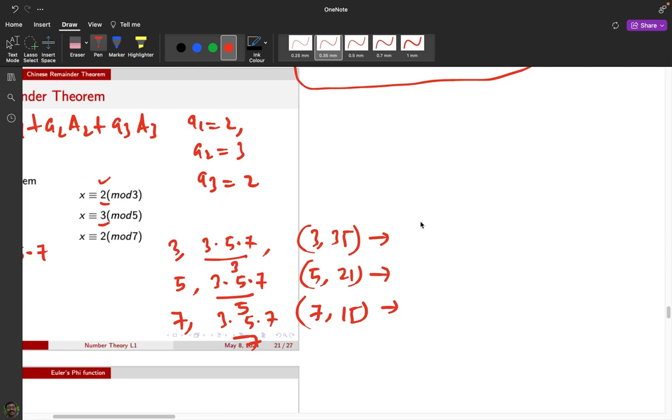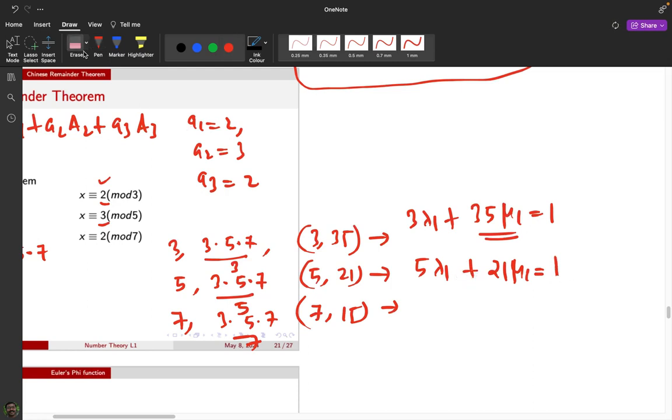So I have to find constants in such a manner that 3 lambda 1 plus 35 mu 1 is equal to 1. So this will be my capital A1. Okay, similarly 5 lambda 2 plus 21 mu 2 is equal to 1.